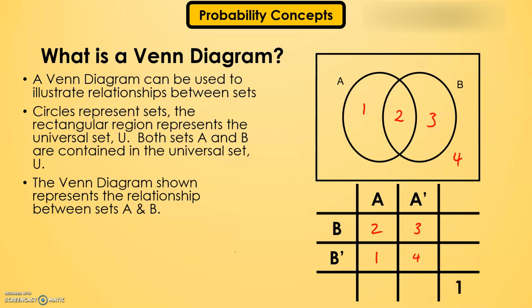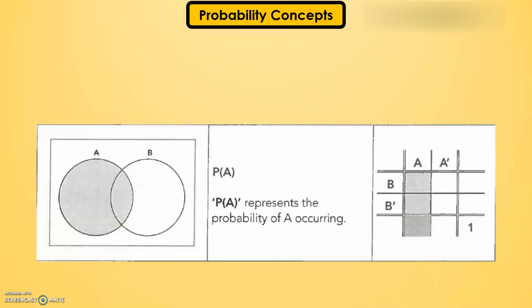So the key point to realise is that there's also a section there for adding them up as well. So obviously there's groups bigger than that. So if we think about just the probability of A, that's regions 1 and 2. And obviously the total probability would be those together.